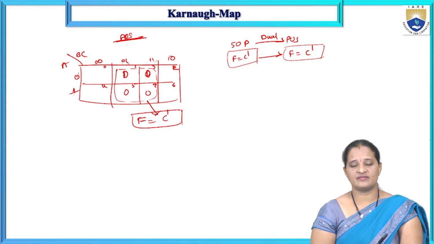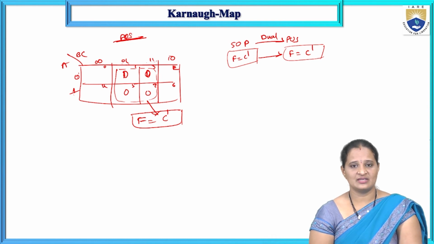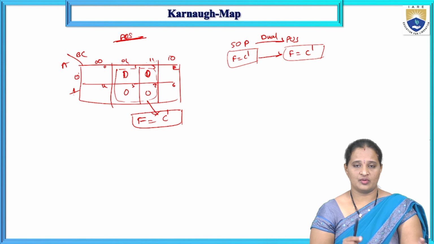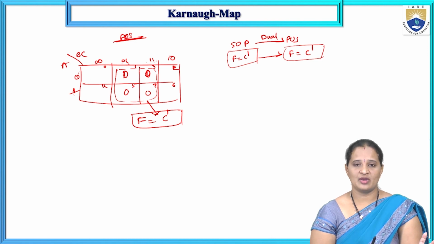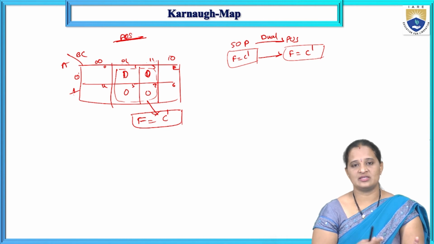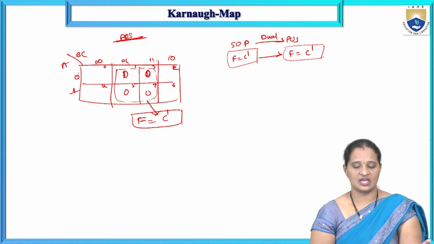We have seen what adjacent cells are, how to form groups of adjacent cells, and the advantages of forming groups, and the procedure of getting the simplified Boolean expression using K-map. In the next lecture, we will be discussing some problems on K-map so that you will be able to clearly understand K-map and the simplification of Boolean expressions using K-map.